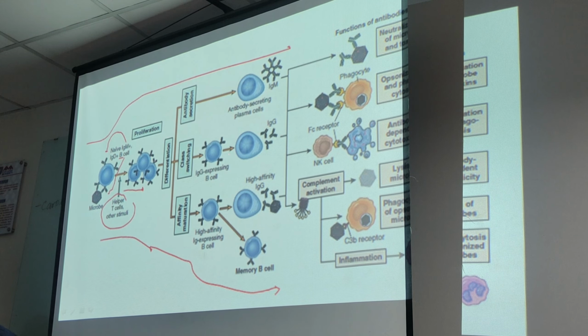Your activated B lymphocytes can become plasma cells, so they can secrete immunoglobulins. They can become memory B cells, so that upon second exposure to the same microbe, your B cell reaction will be faster. Or they can do class switching to make other types of immunoglobulins and perform their functions.